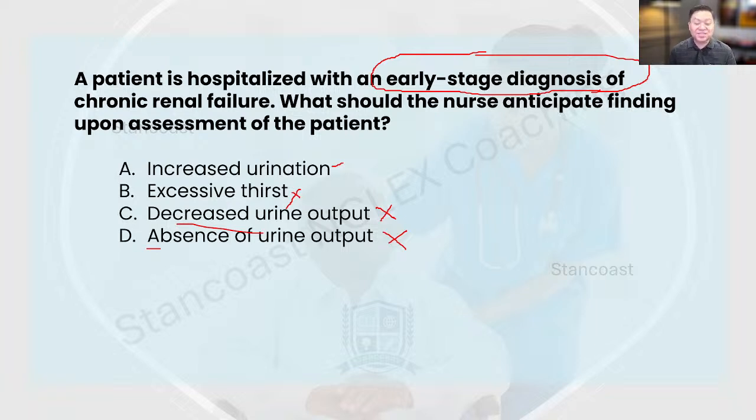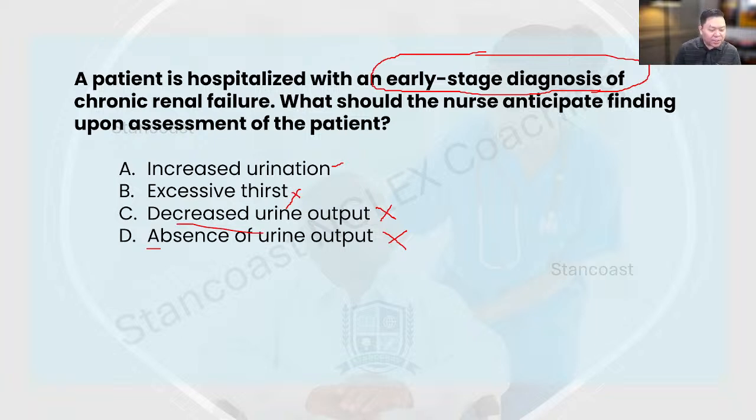For the test-taking skill here, we have to understand the disease progression. You have to understand the different stages, especially in chronic renal failure. We're going to start with polyuria in the early stage, followed by oliguria and anuria. Another is that we have to recognize the primary symptoms being presented, and target that right away.